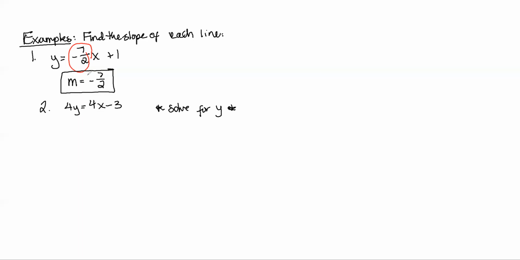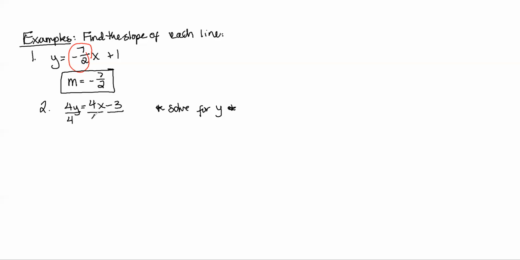All we need to do here is divide both sides by 4. And this is why we got practice in one of the sections where we were solving equations, I think it was 2.4, 2.5, for one of the variables. So since we're dividing both sides by 4, we want to divide the entire right side by 4.